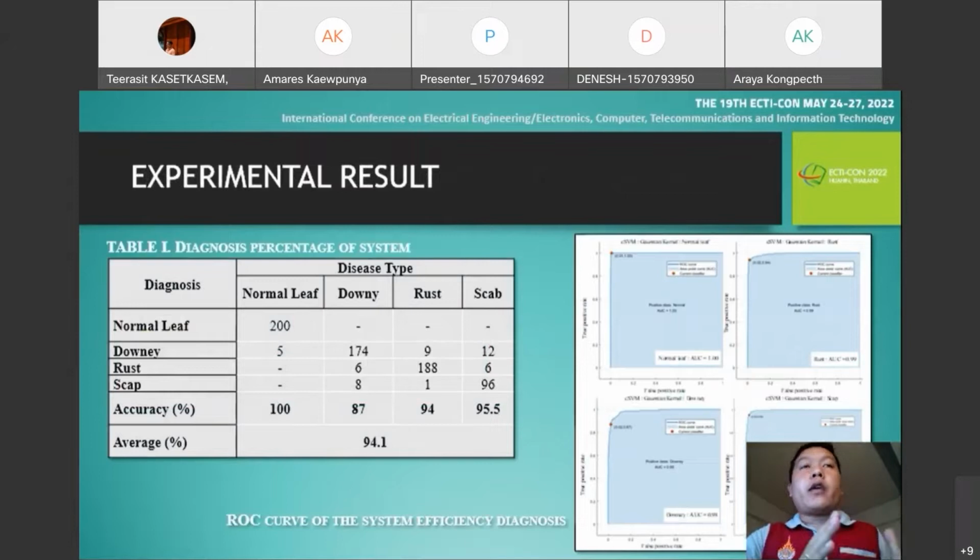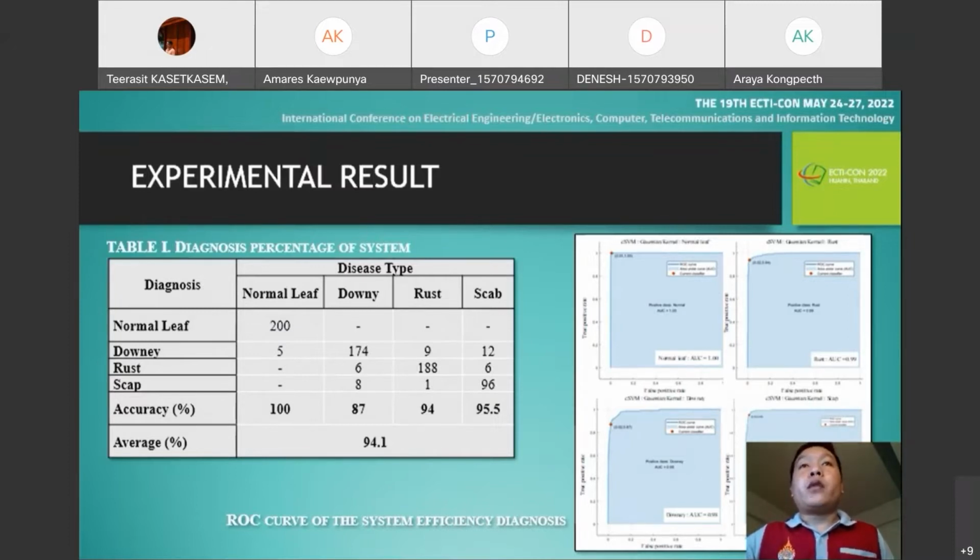So the experimental result from Table 1 shows the test result of system efficiency of the Gaussian kernel with the one versus all method. The results show the diagnosis of normal with an accurate diagnosis rate equal to 100%. Downy disease with 87%, because downy's distinctive features vary and are close to scab and rust.